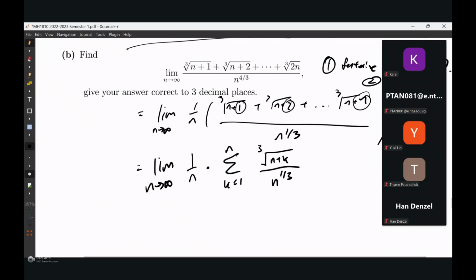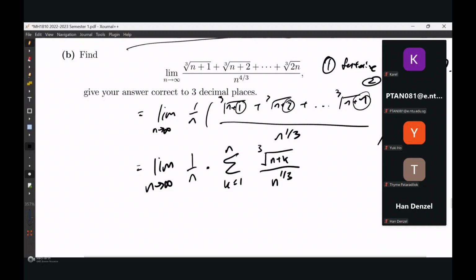This is from 0 to 1. You can just go and evaluate this. This should give you 3 over 4 of 1 plus 1 to the power 4 over 3, minus 3 over 4 of 1 plus 0 to the power 4 over 3. Okay, let's evaluate this. It should be done. Okay, so that's for 9b.